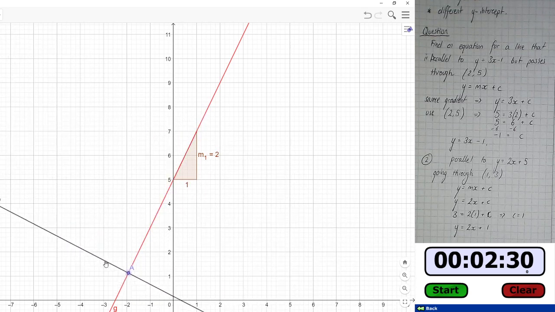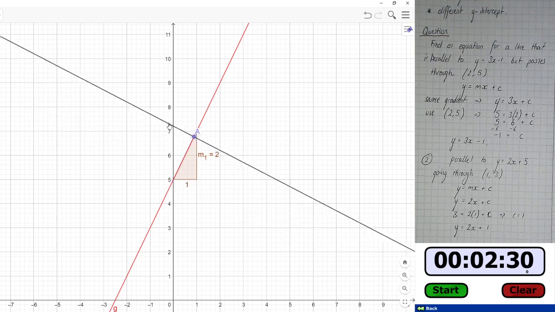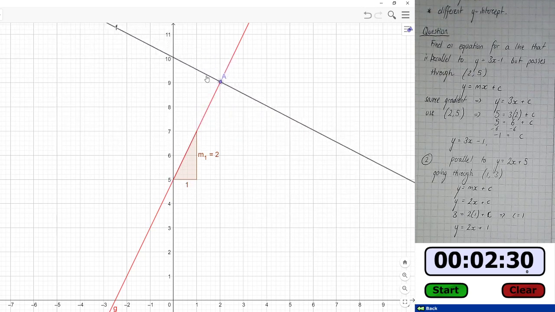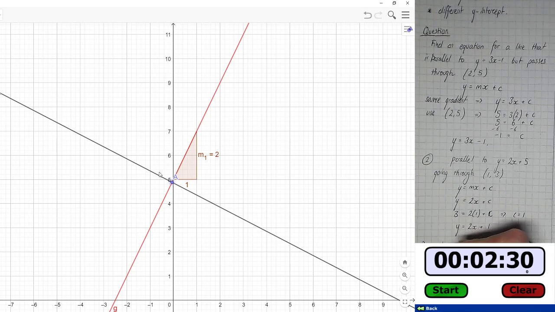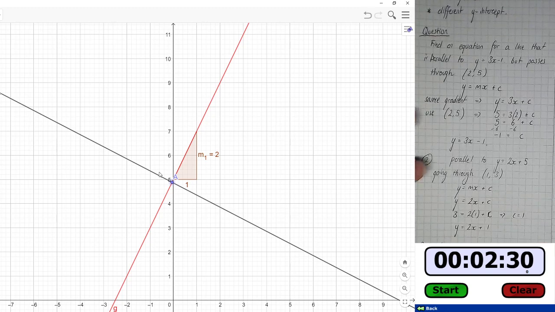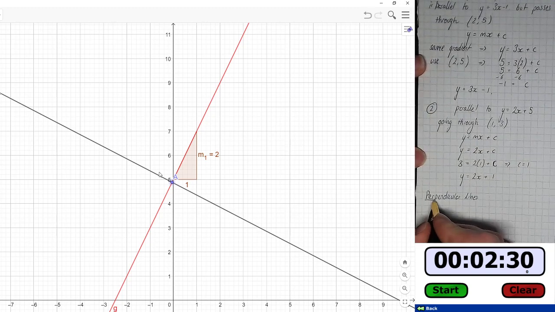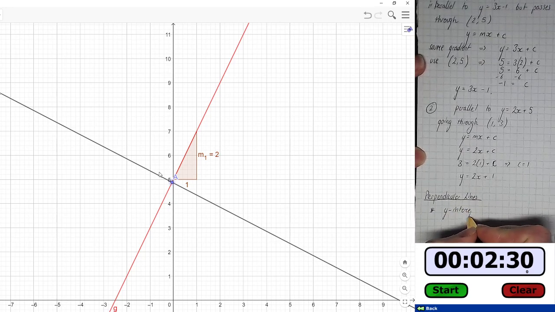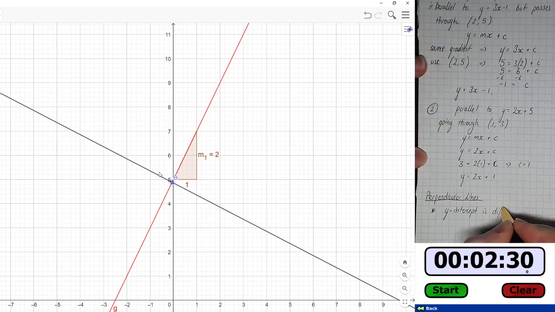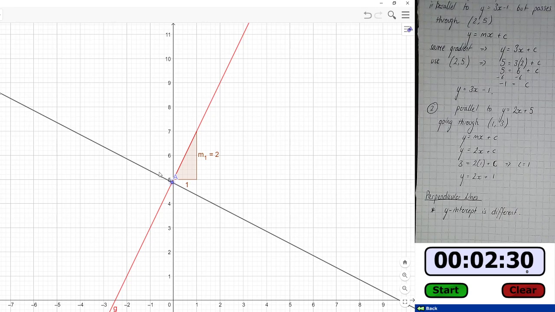So it doesn't matter where it cuts through the y-axis. What matters is the gradient. So for perpendicular lines, it doesn't matter so much about the y-intercept. The y-intercept can be different. What we need to be thinking about is the gradients.